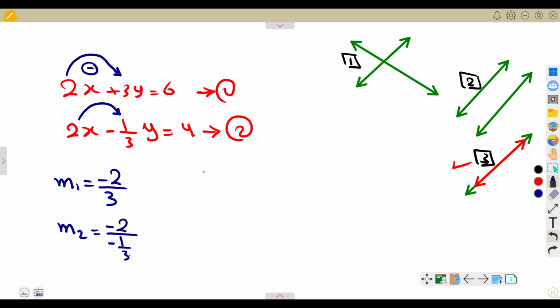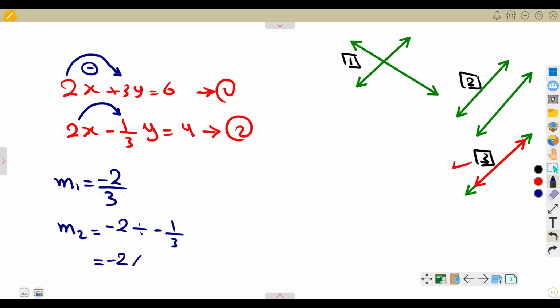How can we do it? You can write it in this form: negative 2 divided by negative 1 over 3. How can we do this? You change it to multiplication. Very good.